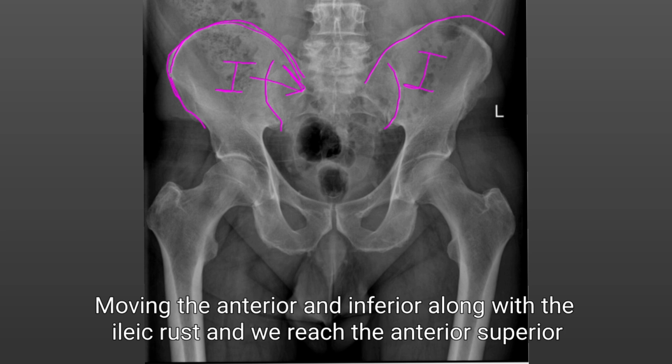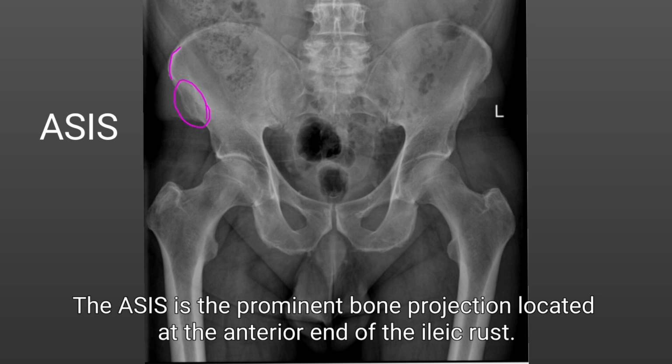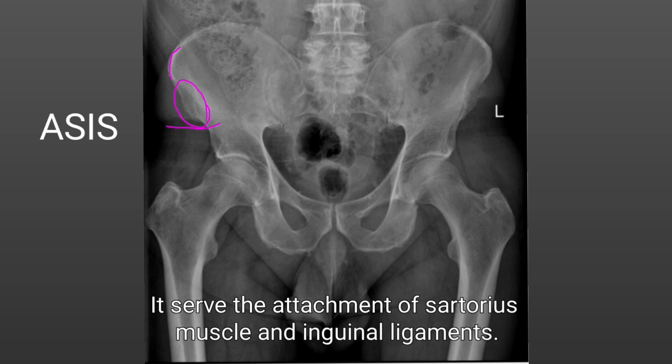Moving anterior and inferior along the iliac crest, we reach the anterior superior iliac spine. The ASIS is a prominent bony projection located at the anterior end of the iliac crest. It shows the attachment of the sartorius muscle and the inguinal ligament.